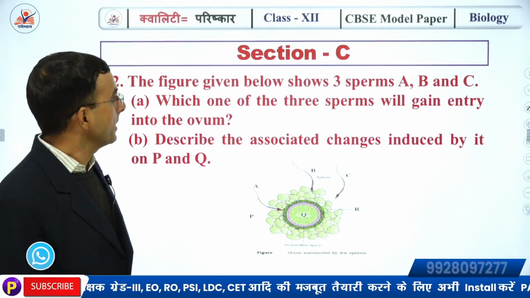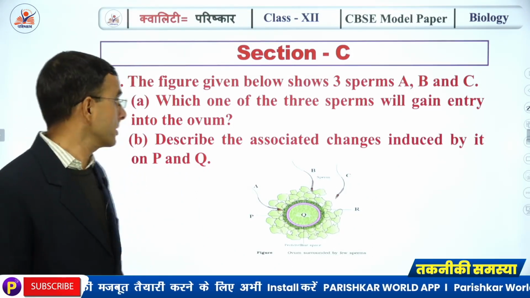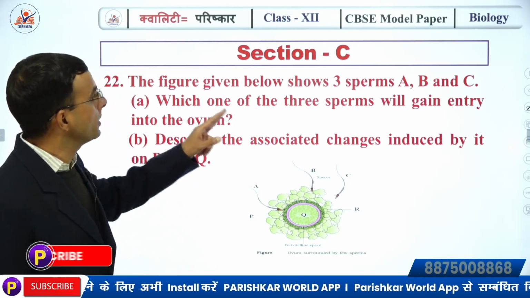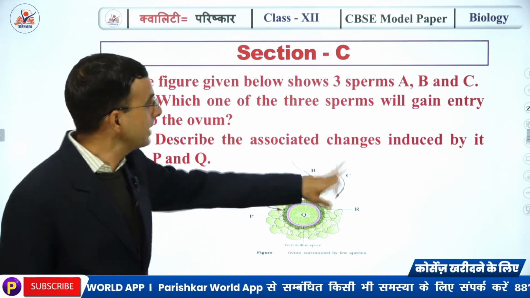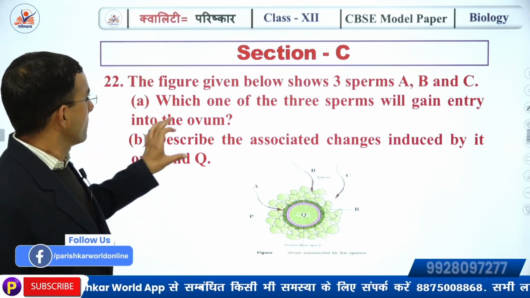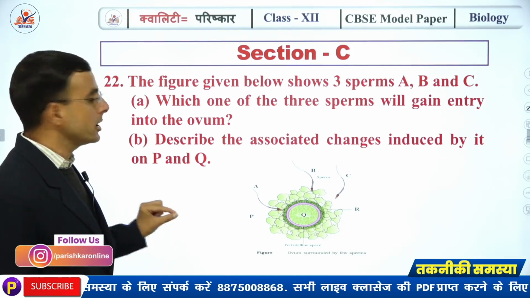Section C, and in that section C, the first question, the 22nd question, is the figure given below. There are 3 sperms, A, B and C. First, which one of the 3 sperms will gain entry into the ovum?